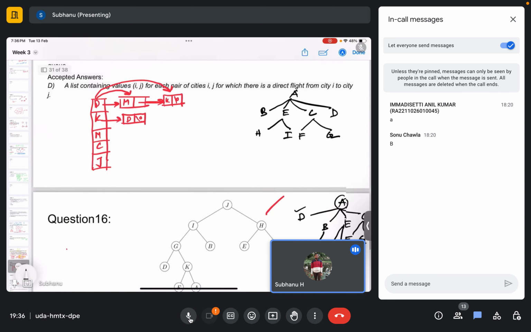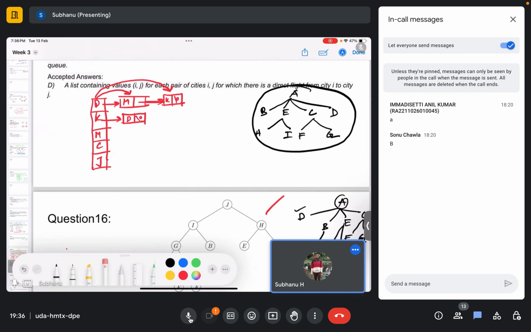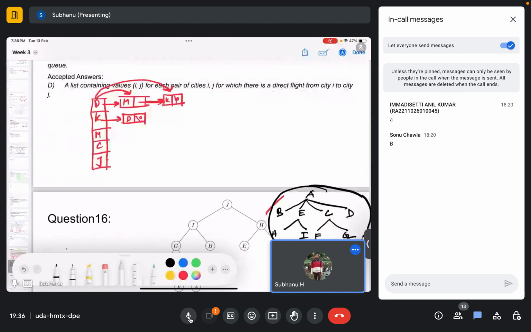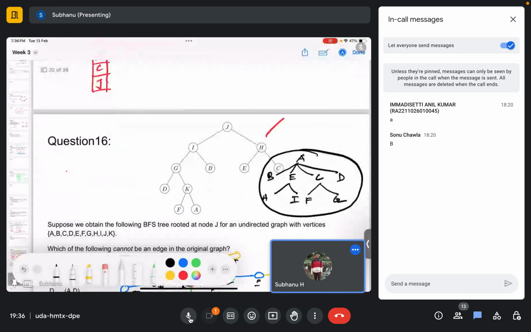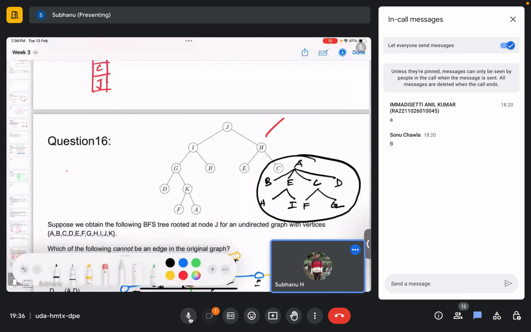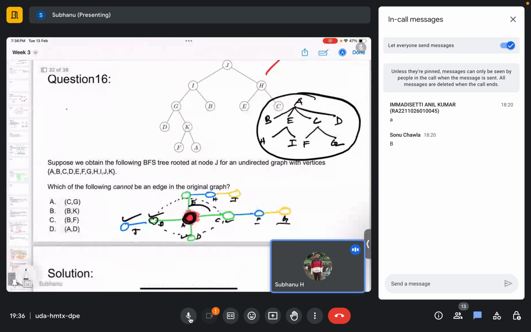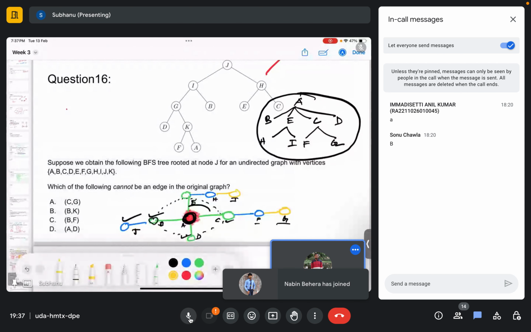So this is our complete graph display. So what you can see is that A is at the root level. Now all the nodes at one hop distance are in the same level.